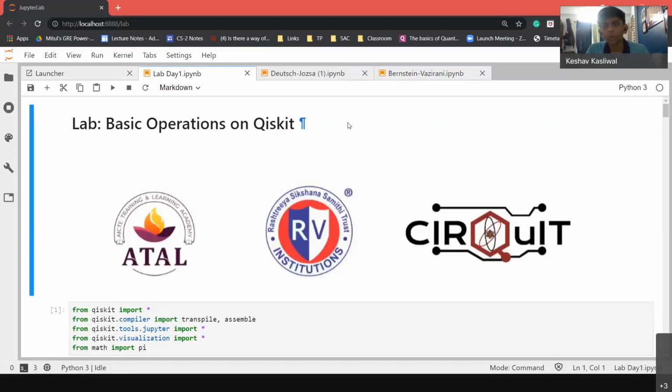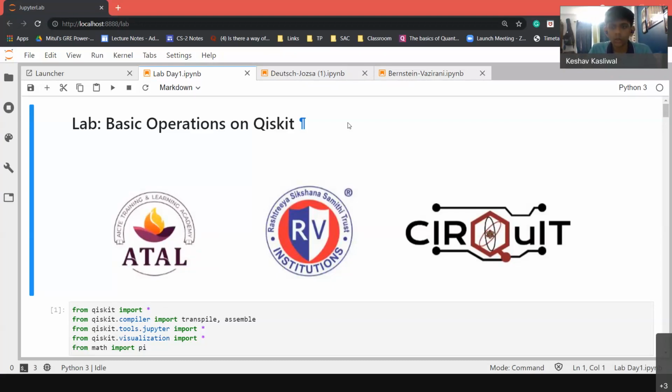It is open source, and the advantage of open source is that people from all across the world can contribute and make it better. The programming language here is Python.